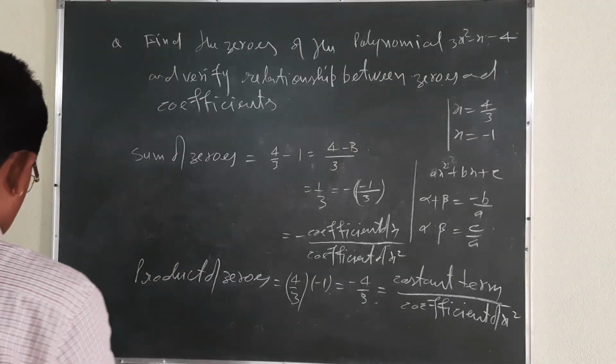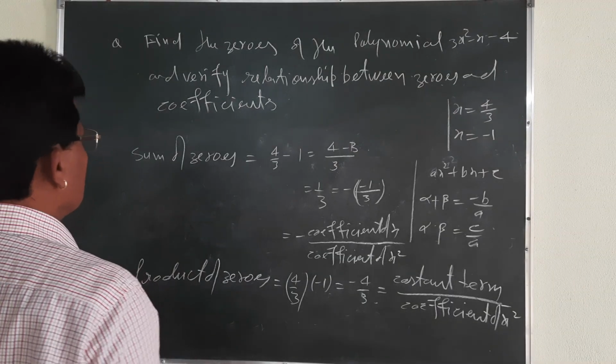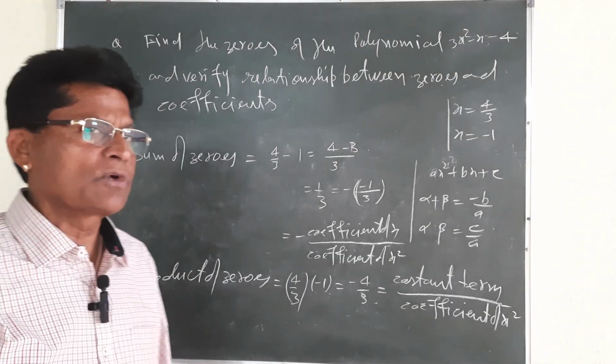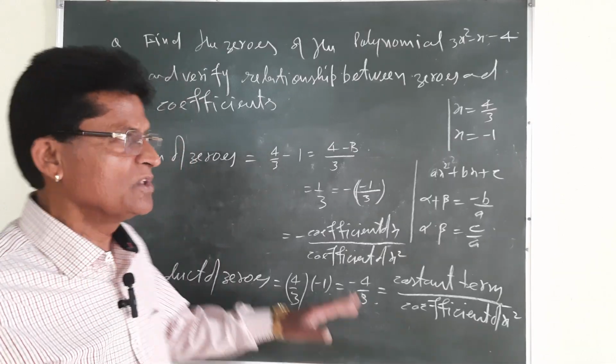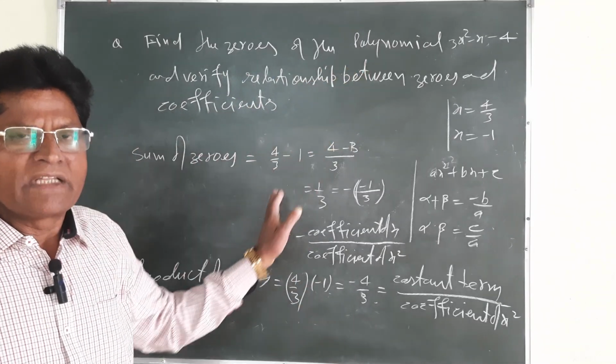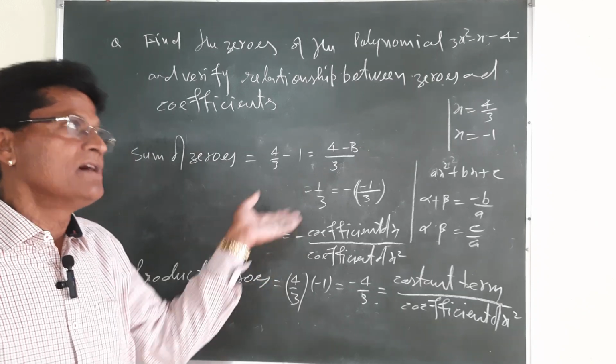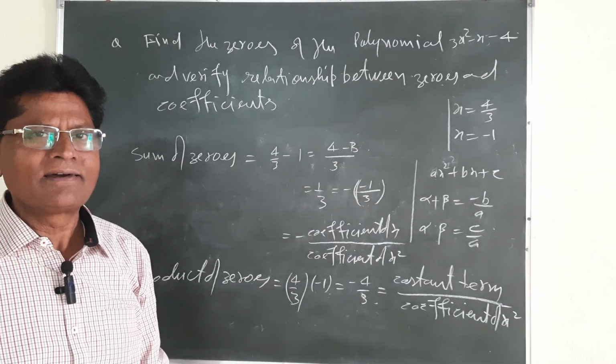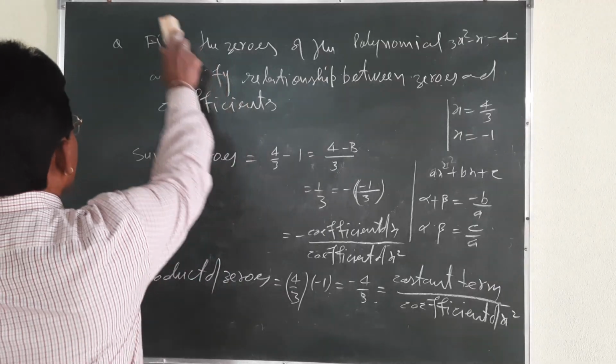That is why let us take some more questions. Dear students, very very important. Now you will have to form the quadratic polynomial. Just the opposite. Here the quadratic polynomial was given and you found the zeros. Now the zeros will be given, and you form the quadratic polynomial. No problem. Similar kind of thing.